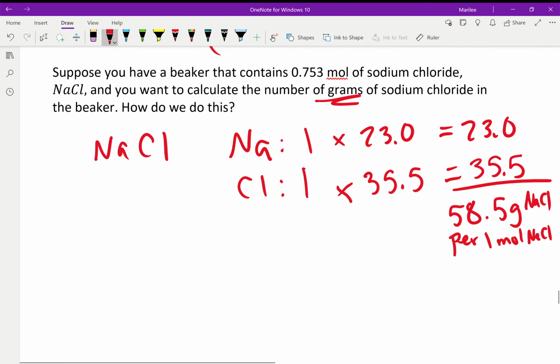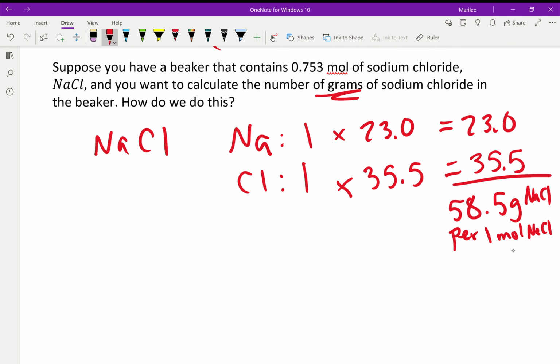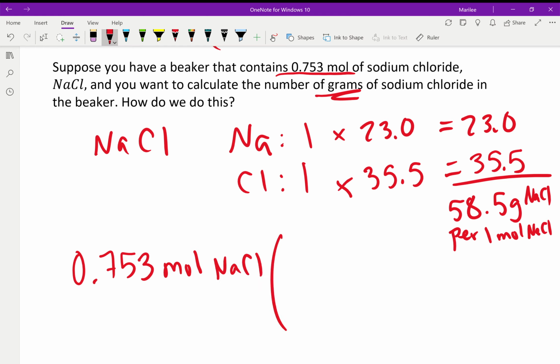So the beaker contains 0.753 moles of NaCl. We use our conversion factor. Remember, the moles of NaCl needs to cancel out, so we have to flip this around.